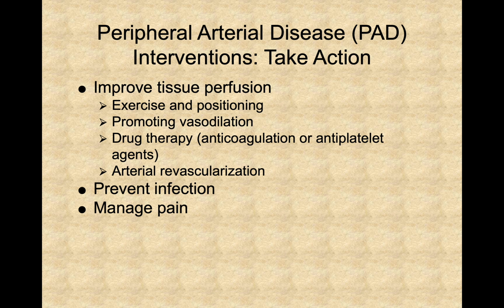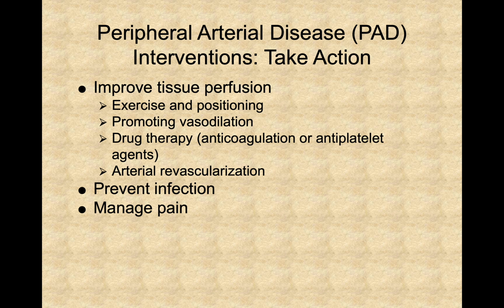Sometimes this requires surgical intervention, such as revascularization. In other words, they go in and they pop open the vessel. Sometimes they have to bypass a vessel that's very diseased so that we can get blood flow to that location. Patients might be on antiplatelet type medications like Plavix, that's also known as clopidogrel, so that blood flows through the narrowed space a little bit easier, and they can get some blood flow there.